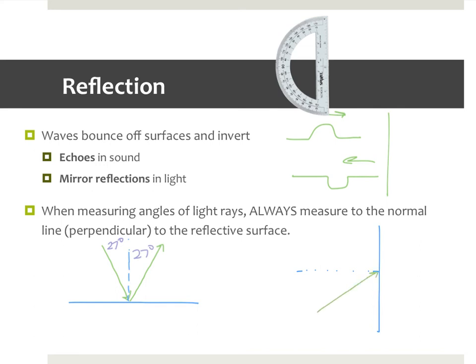And your angle of incidence is still with the normal line this time, this way. And your angle of reflection is also, once again, with the normal line this way. If they ask for the angle in between the 2 rays, it's always double the angles. So if we have 27 degrees as our angle of incidence and reflection, then you add them together and it becomes 54 degrees. That's the angle in between the 2 rays.